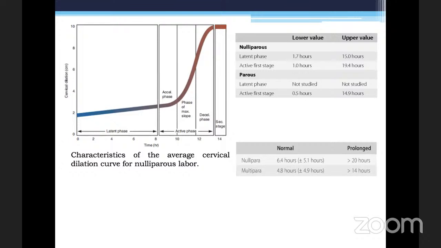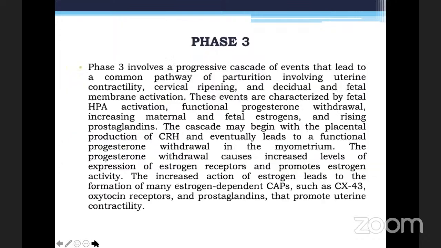And for the active first stage, it's around 0.5 hours, and the upper value is around 14.9. And for nullipara, the normal duration is around 6.4 hours, more or less 5.1 hours, and if prolonged, it is greater than 20 hours. And in multipara, it's around 4.8 hours, and if prolonged, it lasts more than 14 hours.